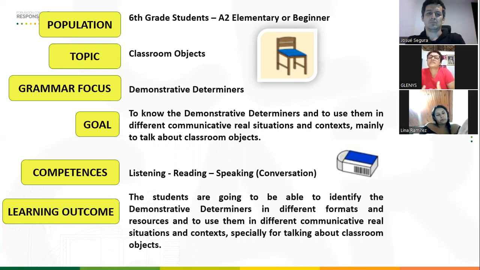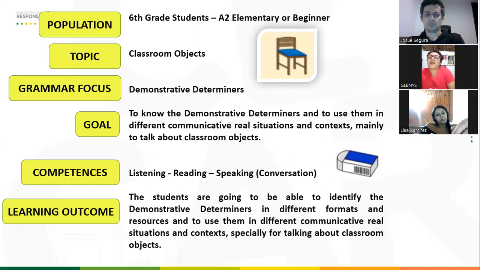The goal is to know the demonstrative determiners and use them in different communicative real situations and contexts, mainly to talk about classroom objects. The competences are listening, reading, and speaking.